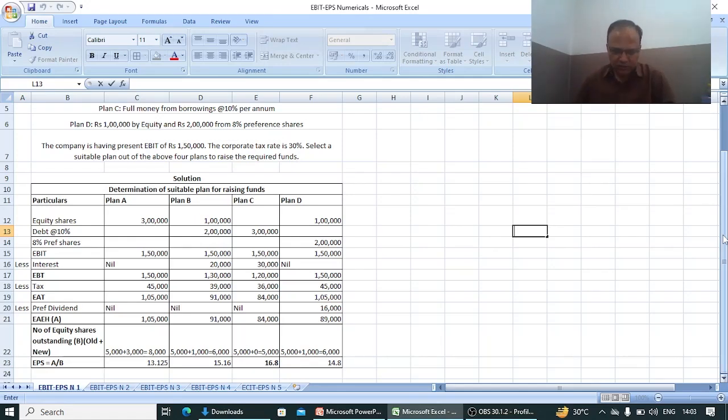So, in this problem, when organization collects rupees 3 lakh by issue of debenture or by debt, then it could maximize its EPS. So it is preferable that organizations should collect the funds by issue of debt. I think problem is clear and solution is also clear to all of you.